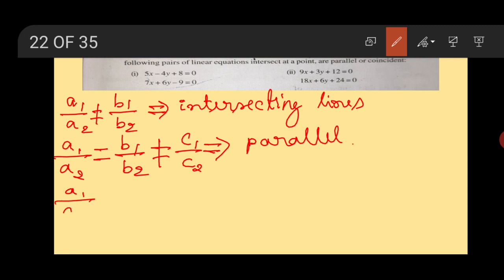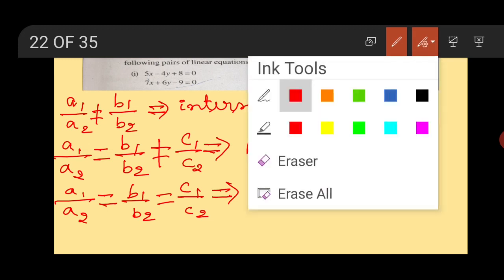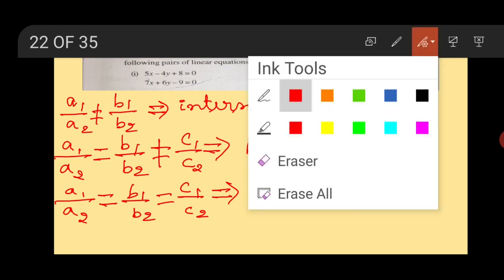If in the equations A1 divided by A2 is equal to B1 divided by B2 is equal to C1 divided by C2, then the two lines are coincident. These are the important points to solve these types of problems. Right? Now note down these points.